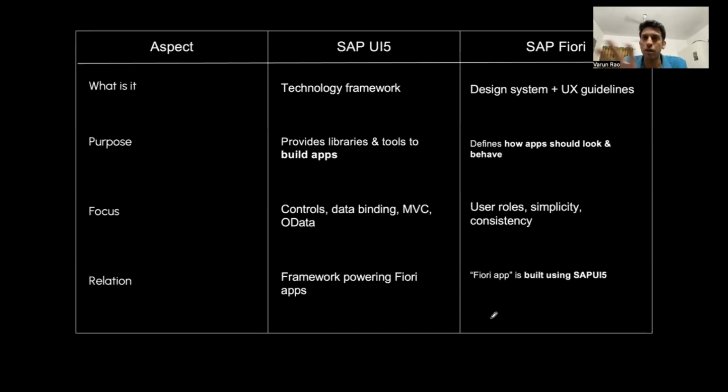Now, just to give you a quick summarized comparison, SAP UI5 is more of a technological framework which needs a developer to sit and code customized. However, Fiori has certain design involved in it with a predefined UX guideline. So you're very free to extract and use. When we talk of SAP UI5, it provides a whole plethora of libraries and tools to build applications.